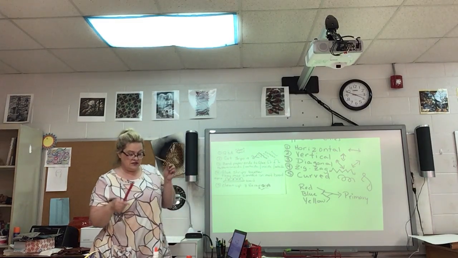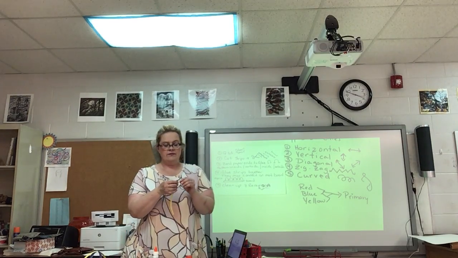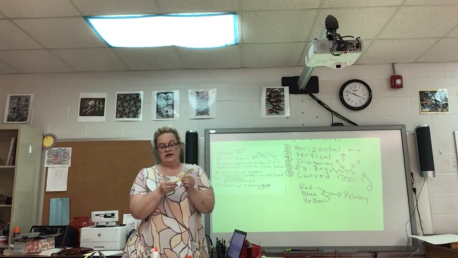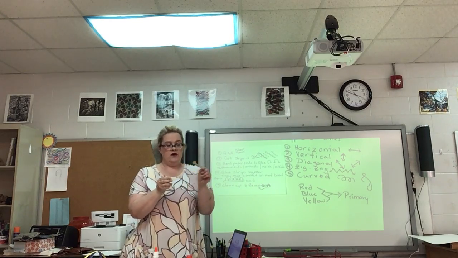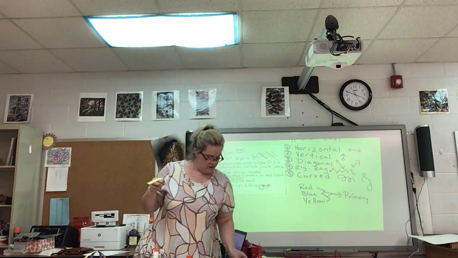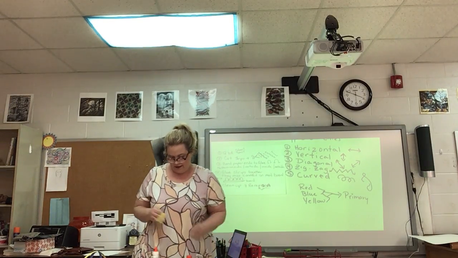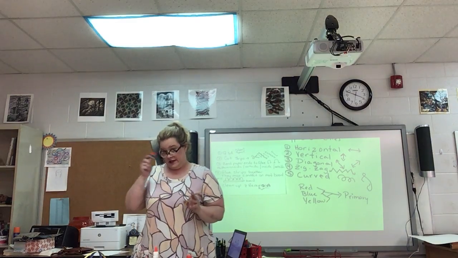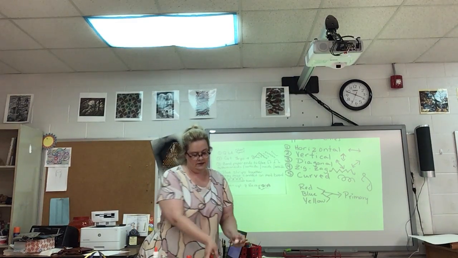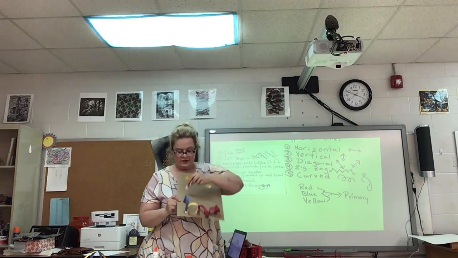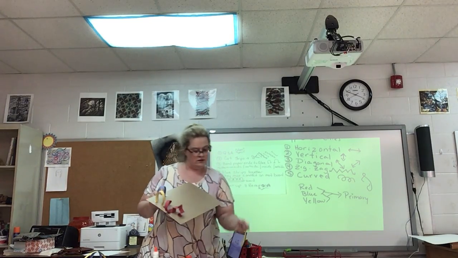So here's step 3. Step 3, I've got my strips cut out. I'm going to bend my ends over. And when I bend my ends over, I am going to get my model here. Get my glue stick. And you see where this blue one ended? I'm going to put some glue on that one.